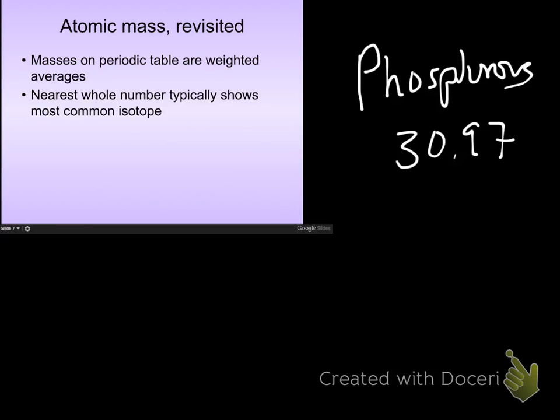From the atomic number, the number of protons, plus the number of neutrons. Well, each of those is 1 AMU, is it not? So how do you get 0.97 AMUs? I call baloney. This has got to be wrong. Something's terribly, terribly amiss. How do you get a part of an AMU?